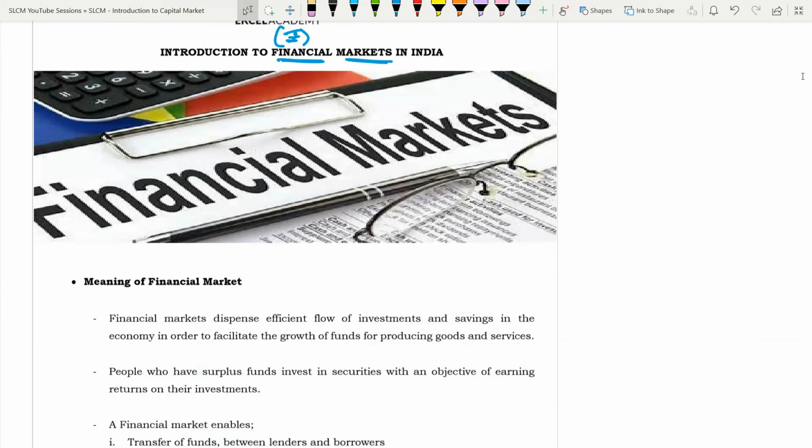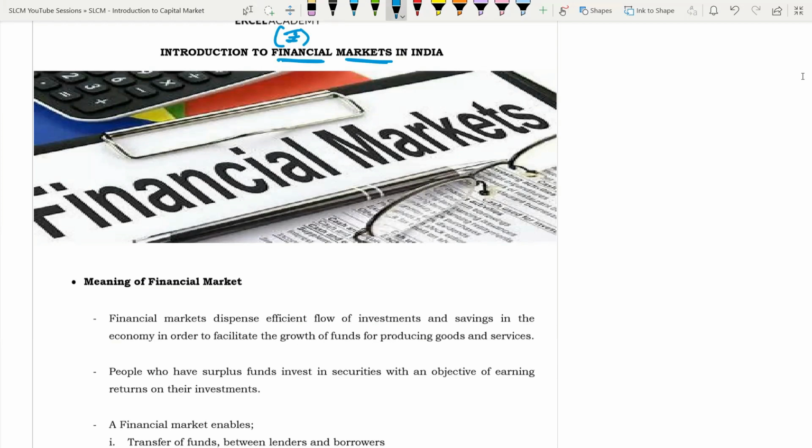So where you combine these 2 things, finance and market, that is where you can actually invest your money, you can buy and sell money, in the sense you're giving money and expecting certain returns out of it, is known as financial market. Market where you can invest your money and expect returns out of it.